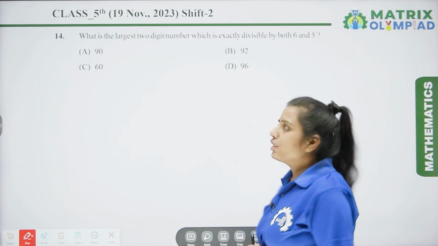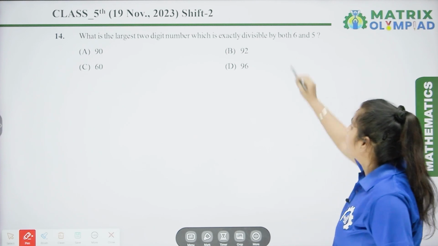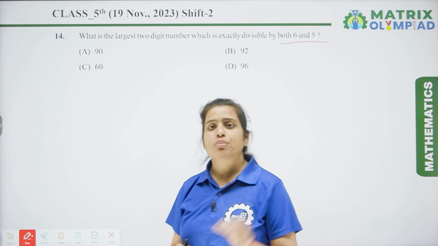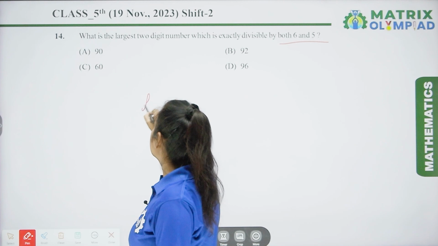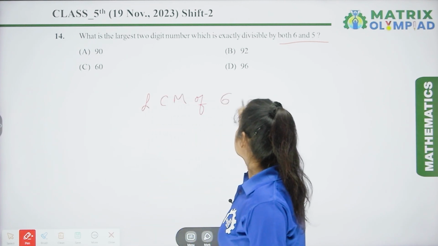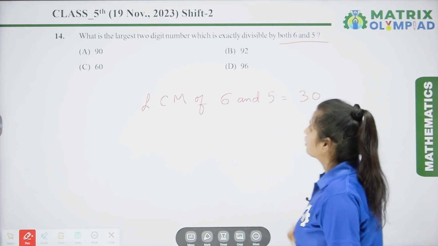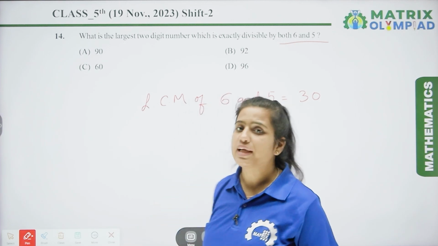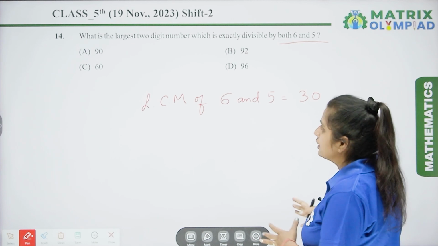Now in the next question we have, what is the largest 2-digit number which is exactly divisible by both 6 and 5? To find out the number which is exactly divisible by 6 and 5, we have to first find out the LCM of 6 and 5. So LCM of 6 and 5 is 30.